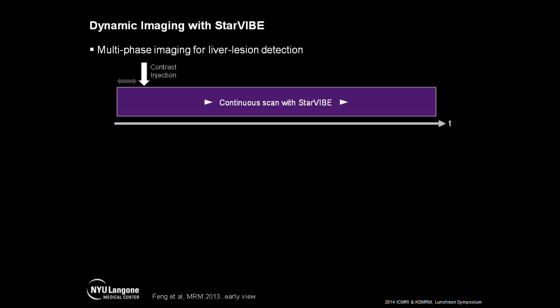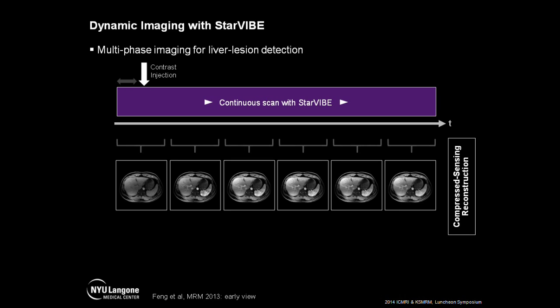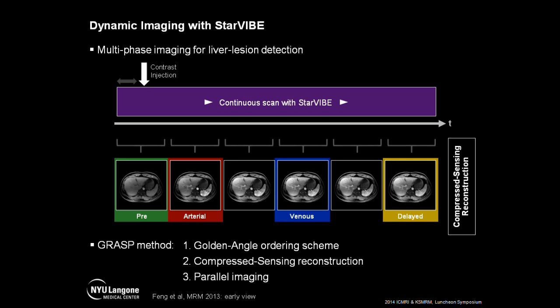And then after the acquisition, we can take this continuously acquired data and perform a so-called compressed sensing reconstruction of this data. What this compressed sensing reconstruction does is basically give us a time series of images, and this time series of images shows the tissue perfusion, and we can then simply pick those images out of the series that are clinically needed.